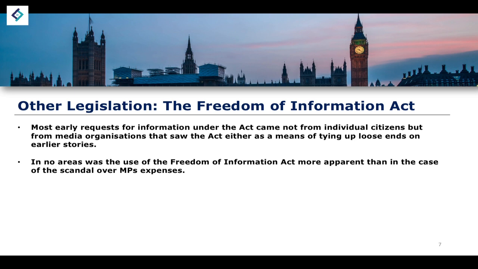Some of these were at eye-watering levels of hundreds of thousands of pounds, and actually caused some individual MPs to go to prison. So that's one of the things that the Freedom of Information Act was very useful in being able to apply.